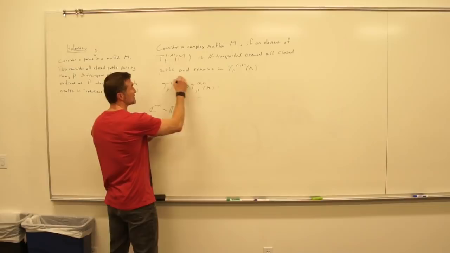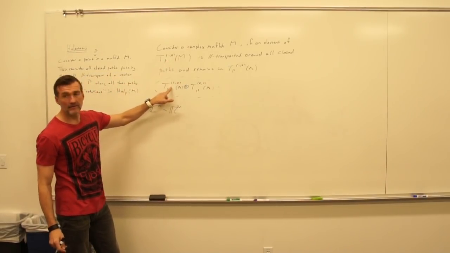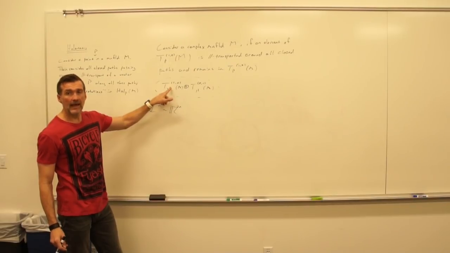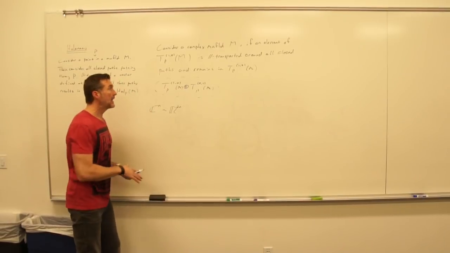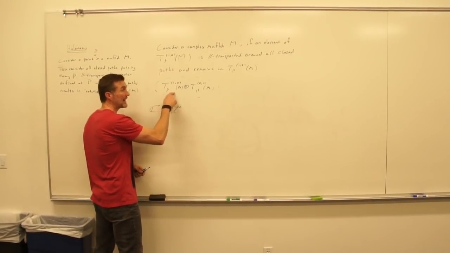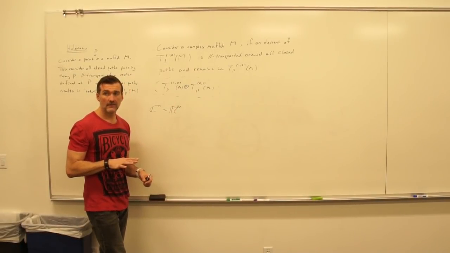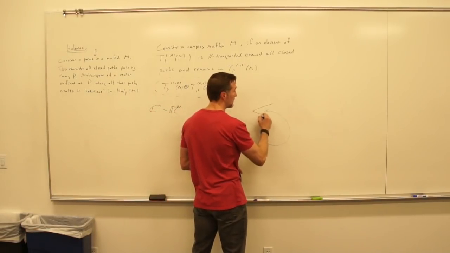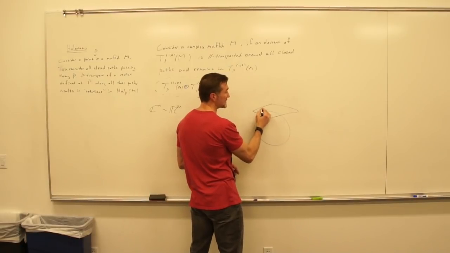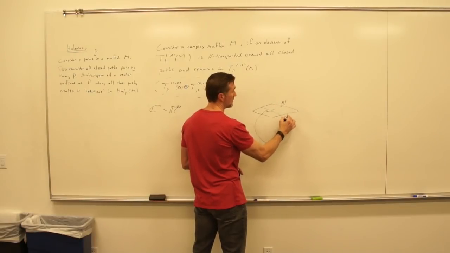So if I start with an element of this guy, and I take him around a closed path, generically, he could end up pointing in any direction in this tangent space, right? I mean, think about it. When we did the sphere, this tangent space you could break up into two copies of R1.